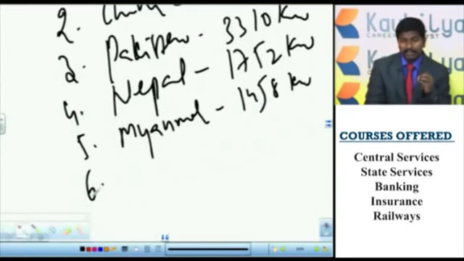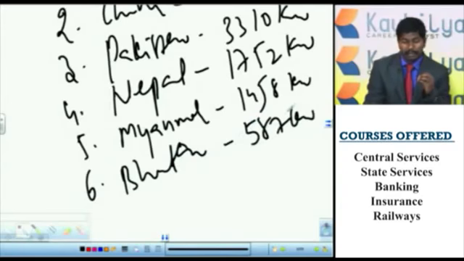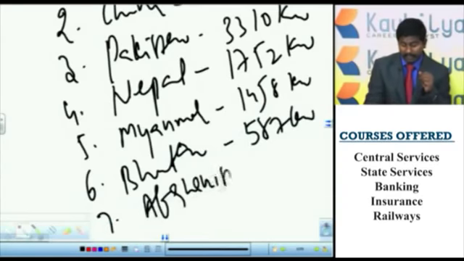Then the next longest border is with Bhutan, around 587 kilometers, and the shortest border with India is Afghanistan, and it is just around 80 kilometers.